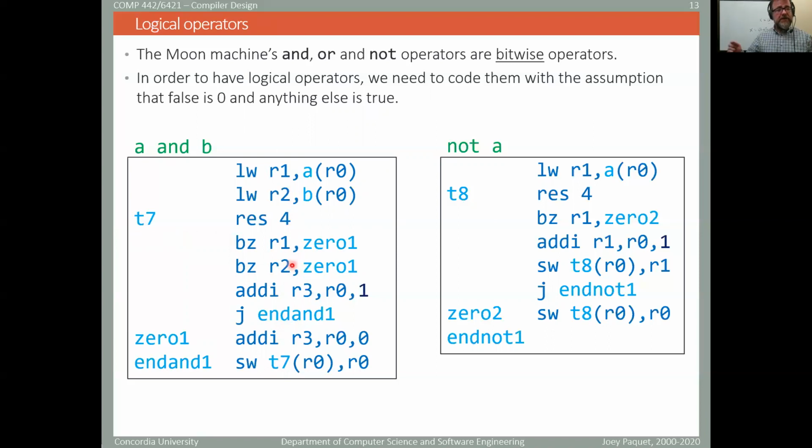Because if either of these two is 0, then the result is 0. Basically, if any of the two is false, then the result is false. So if any of R1 or R2 is false or 0, then you branch here, which creates a 0. It's basically adding 0 to R0, which is already 0, putting the result into R3.